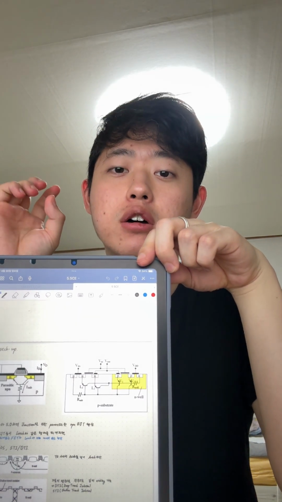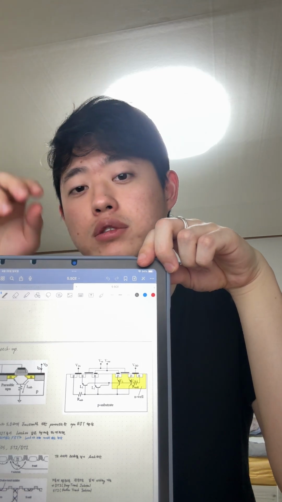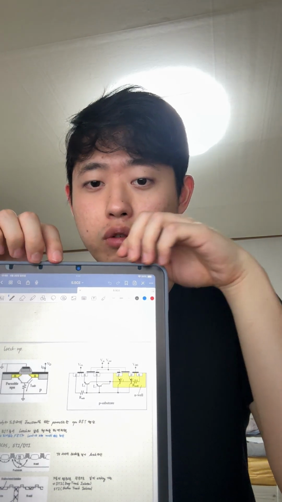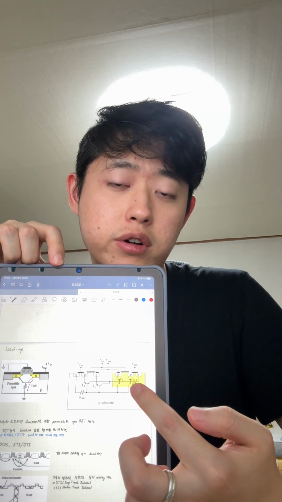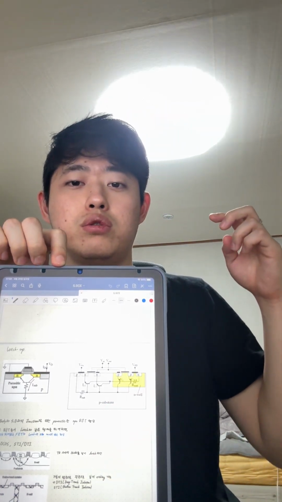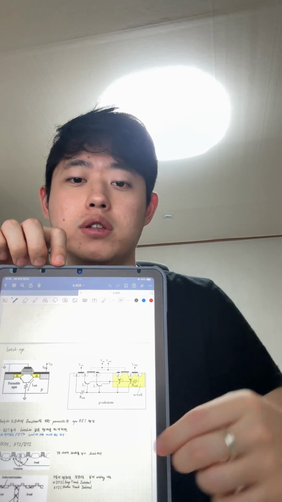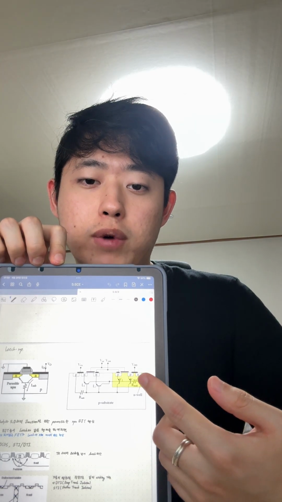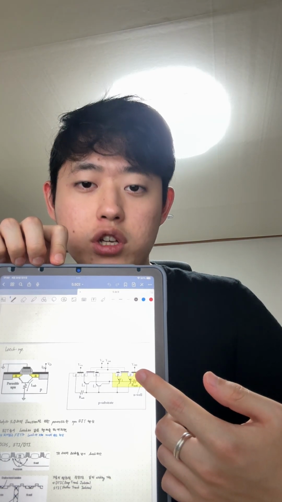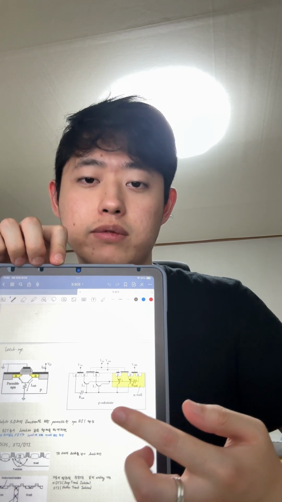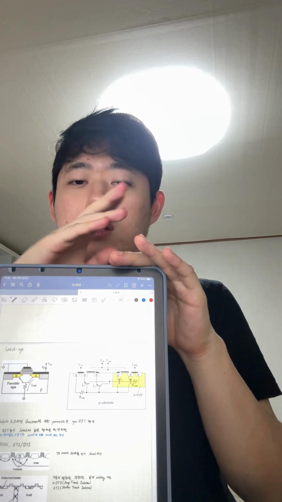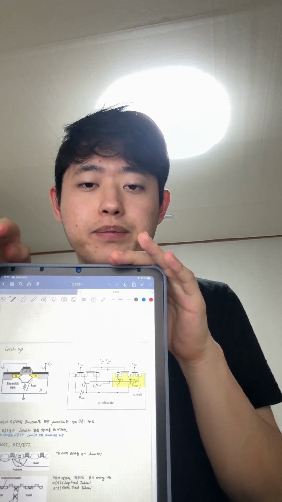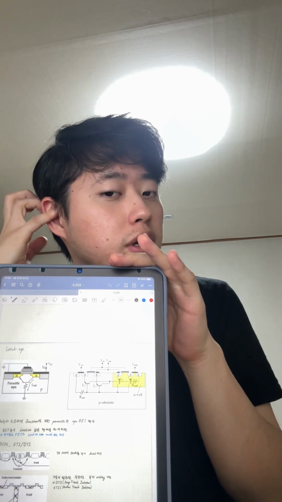When I turn on the semiconductor and I want to turn it off with no bias on VG, because of the latch up structure it can't be turned off. It's the latch up.